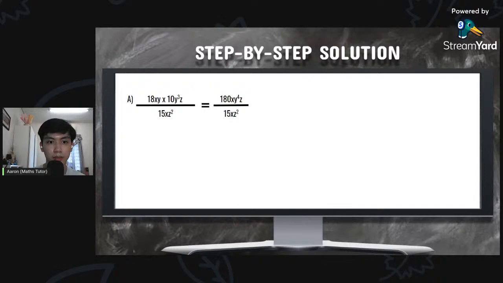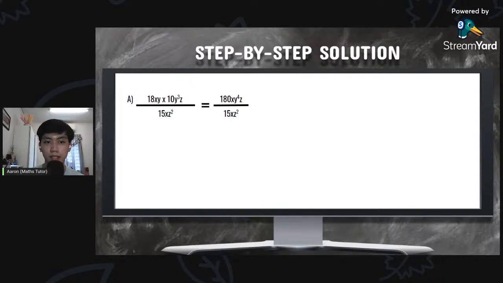We assume that the y here is y power 1, so if we multiply with y power 3, then we will get y power 4. Then x, we don't have anything to multiply, so we remain with x, and z also the same.